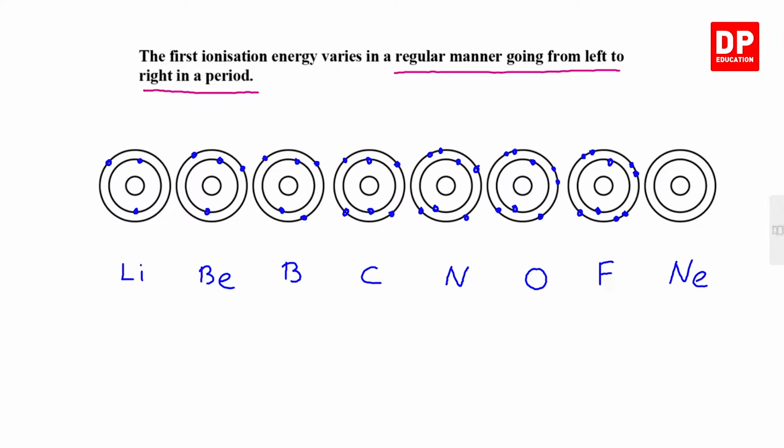And neon belongs to group 8. It has 8 electrons in its valence shell.